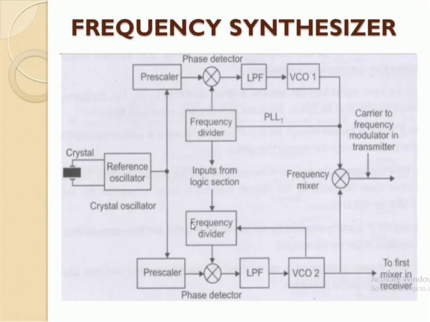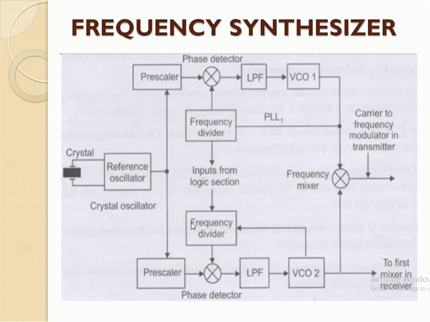The long form of VCO is voltage control oscillator, PLL is phase locked loop, LPF is low pass filter, then the phase detector and frequency divider. These are connected to the logic section. There are two outputs of the frequency synthesizer.